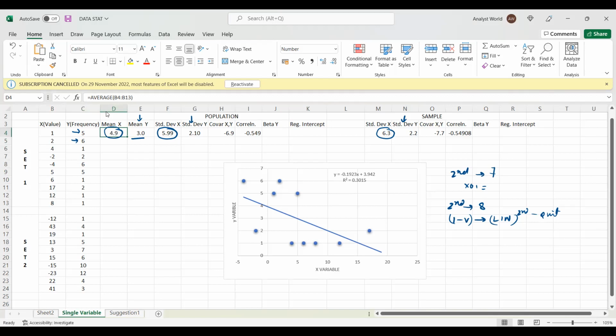SY, yes, 2.21. Next. Do it fast. Sigma Y, 2.09.